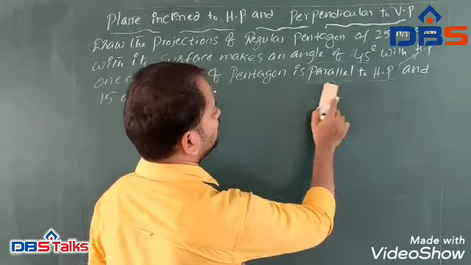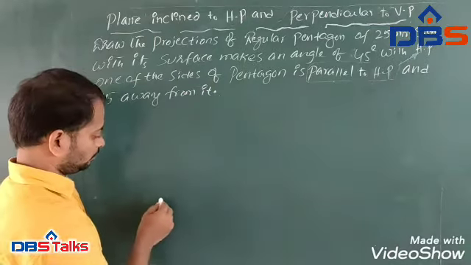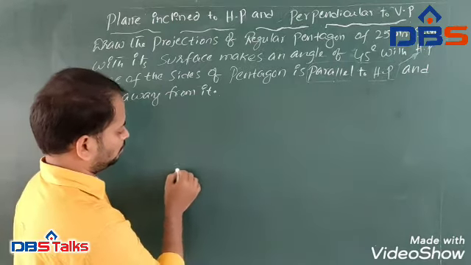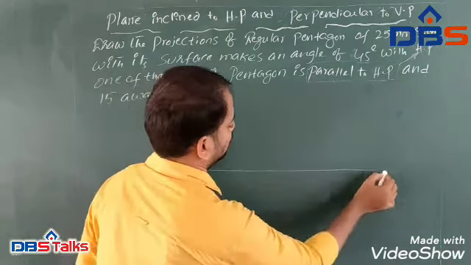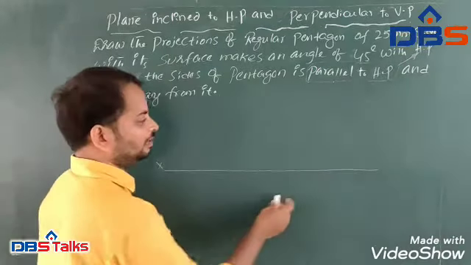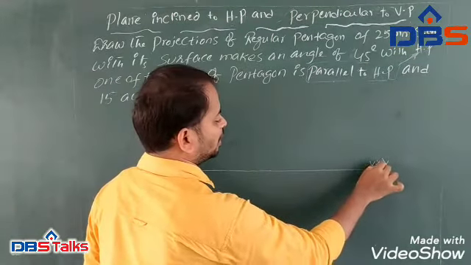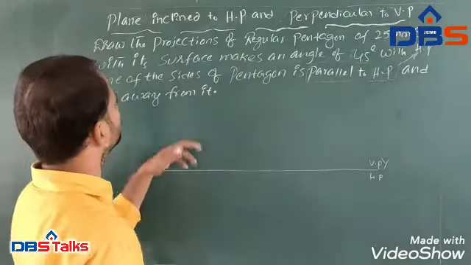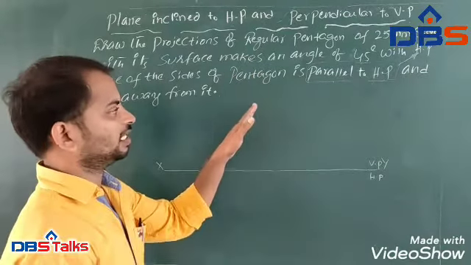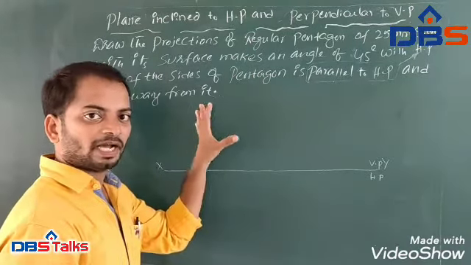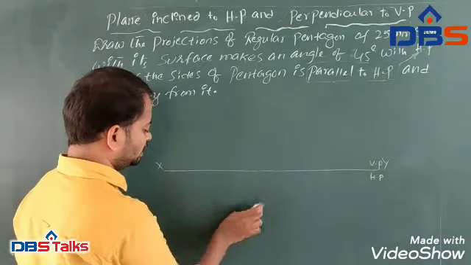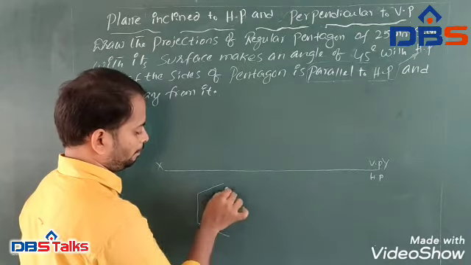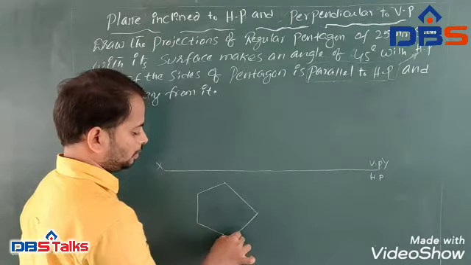Then coming to solving, draw a principal plane XY, the vertical plane and the horizontal plane. Then a regular pentagon has 5 sides, so this is a pentagon.